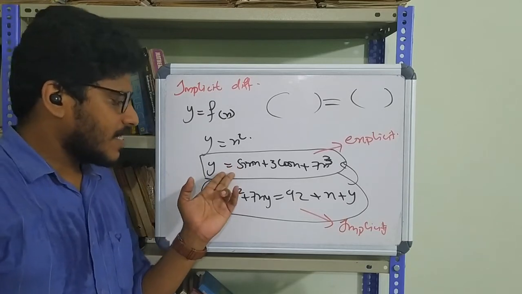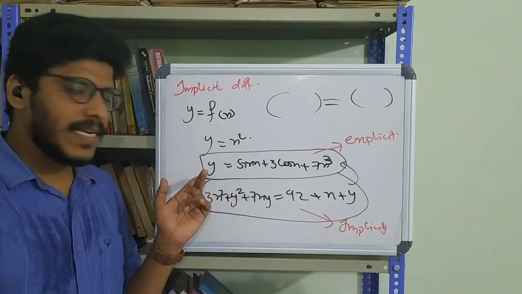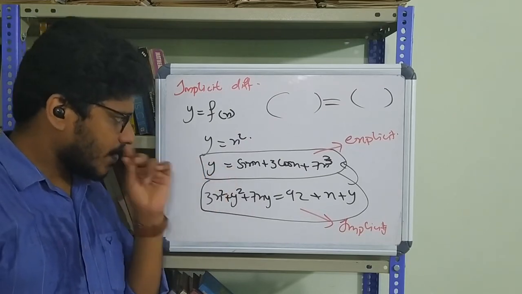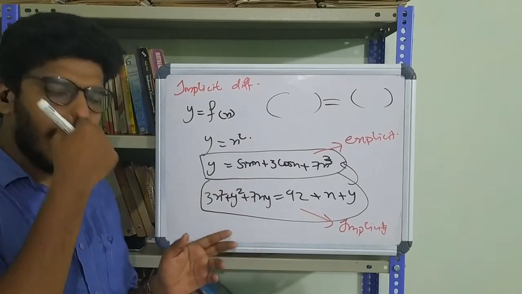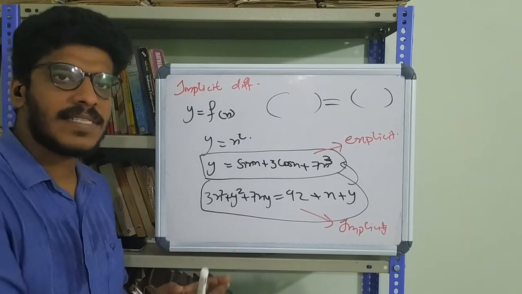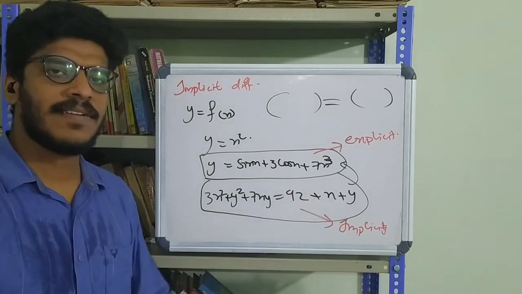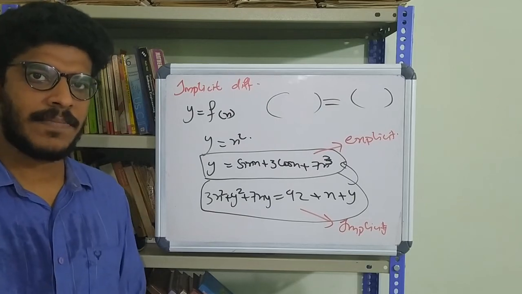So we know how to differentiate explicit functions. To find dy by dx, we just differentiate everything on the right side of the equality with respect to x. But that may not be the case for an implicit function. We cannot simply differentiate everything on the right and find the derivative of y with respect to x.